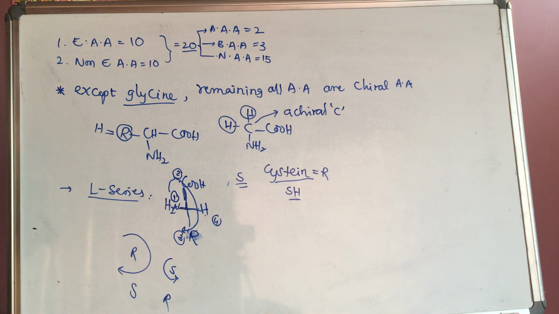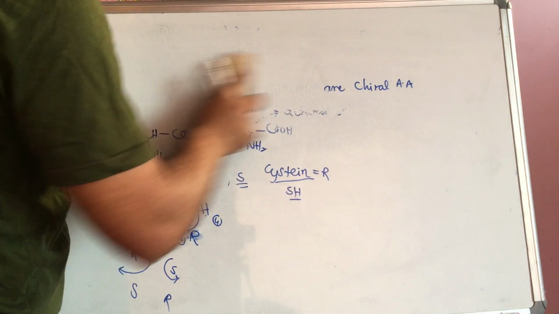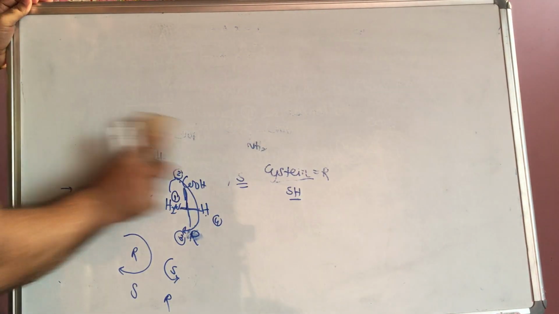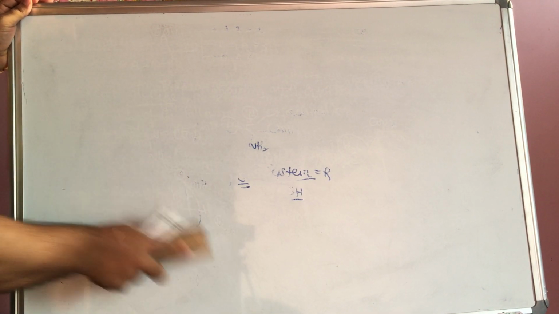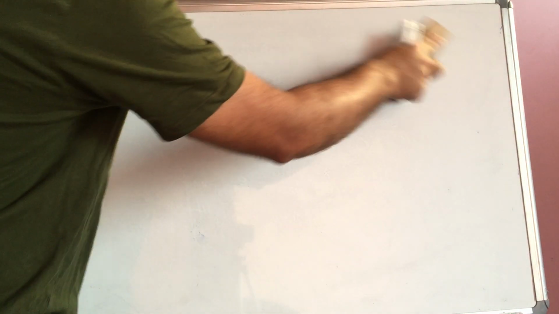And the next one, these amino acids combine to form a peptide chain or peptide bond. If the number of amino acids in the chain is more, that is called a polypeptide. Polypeptides are sometimes called proteins, depending upon their molecular weight.